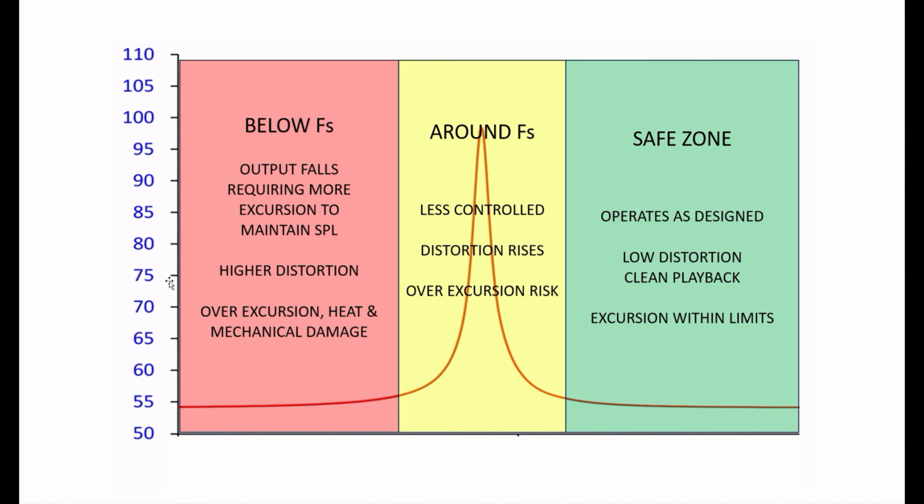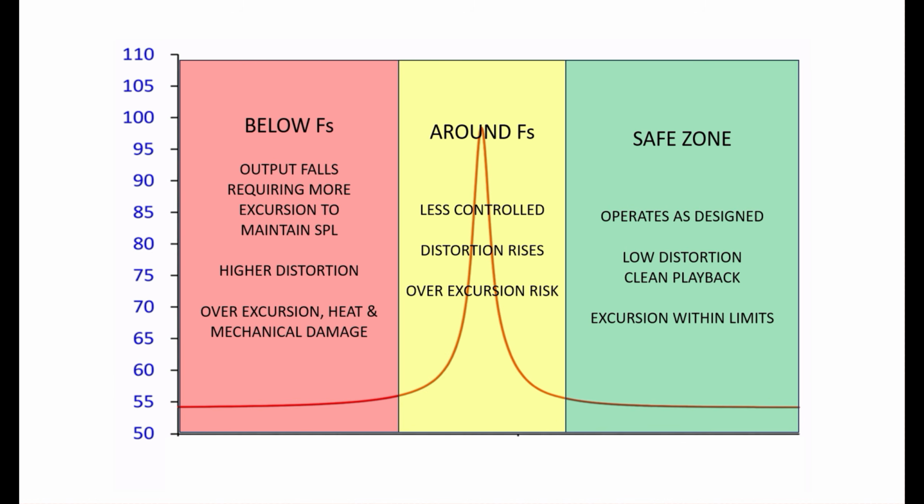So higher distortion, more power. You're really into the zone of potentially over-excursion on your speakers, and potentially heat and mechanical damage, right? Because you need more power to get the same SPL level.